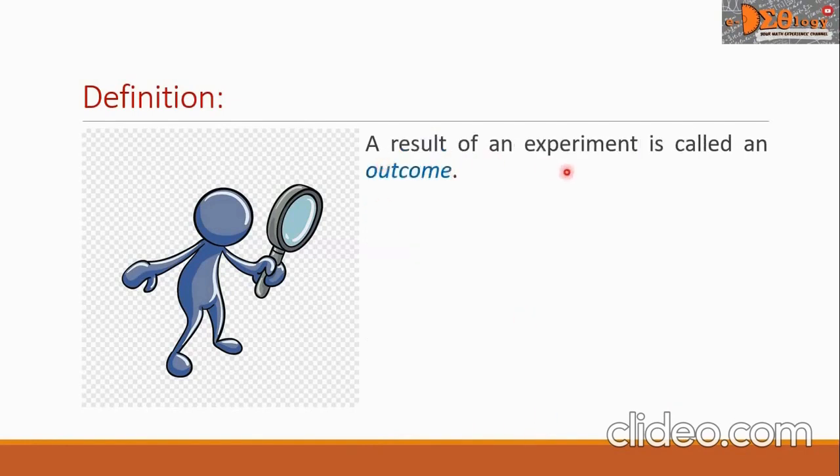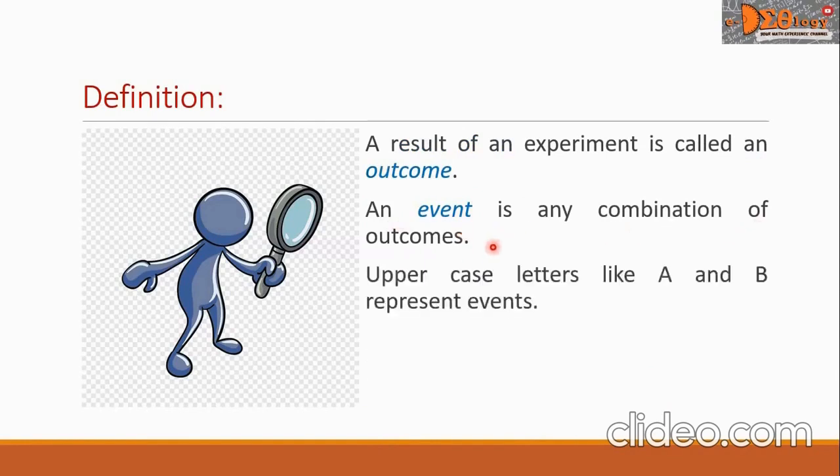A result of an experiment is called an outcome. An event is any combination of outcomes. Uppercase letters like A and B represent events.